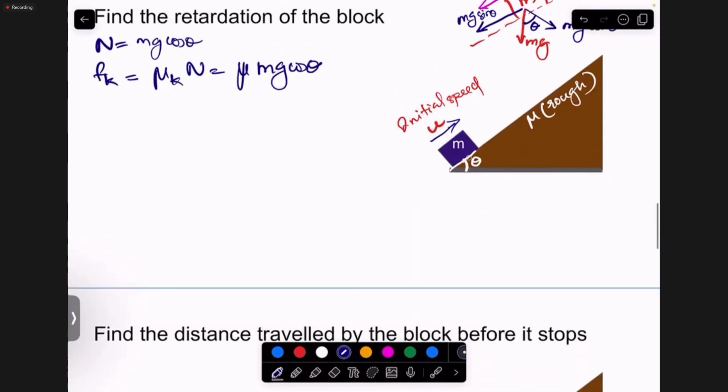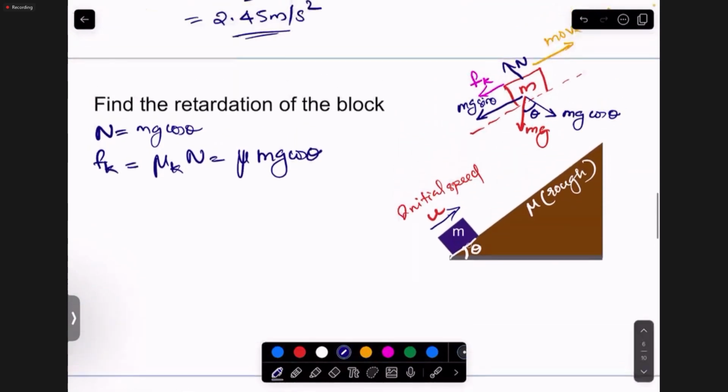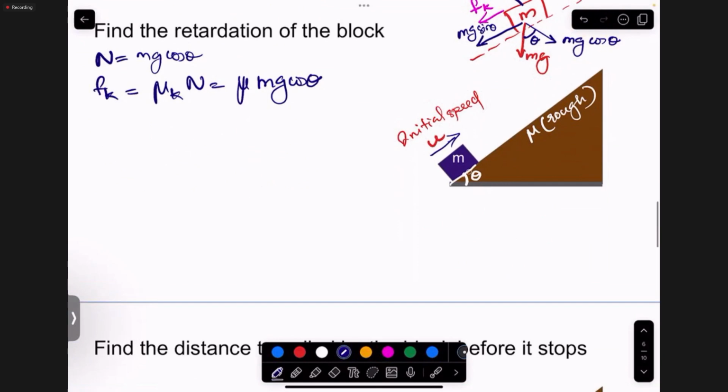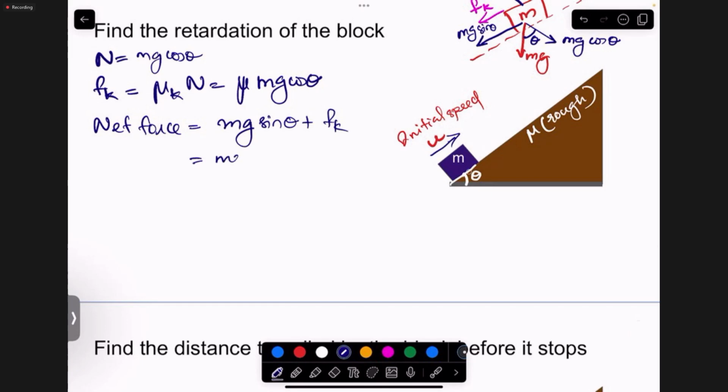Net force, both of these are acting down, right? Net force equal to the horizontal component of weight plus Fk, which is mg sine theta plus mu mg cos theta.